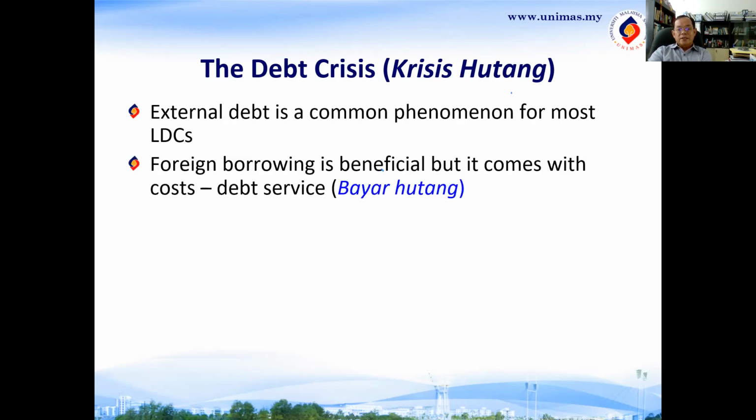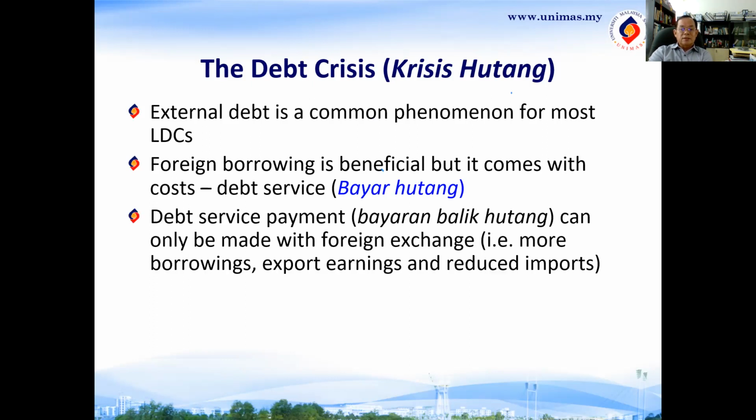So foreign borrowing is beneficial, but it comes with costs, because you have to service the debt. The debt service payment, the repayment of the debt, can only be made with foreign exchange.